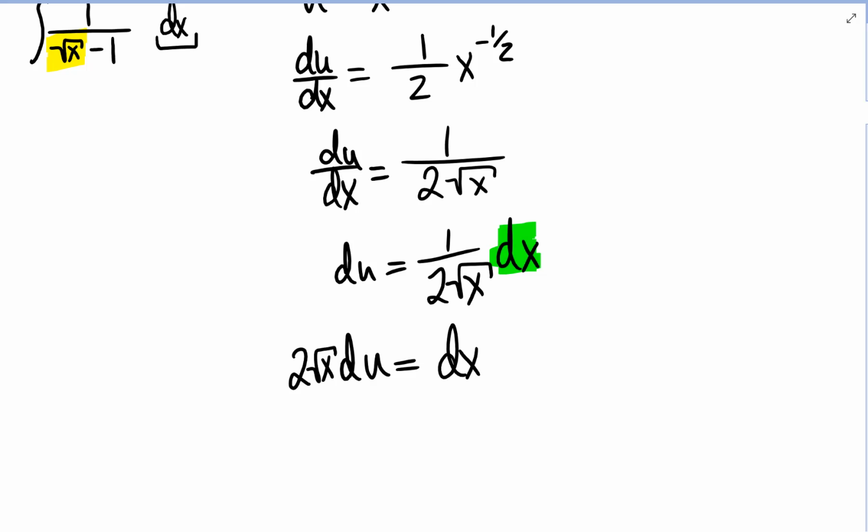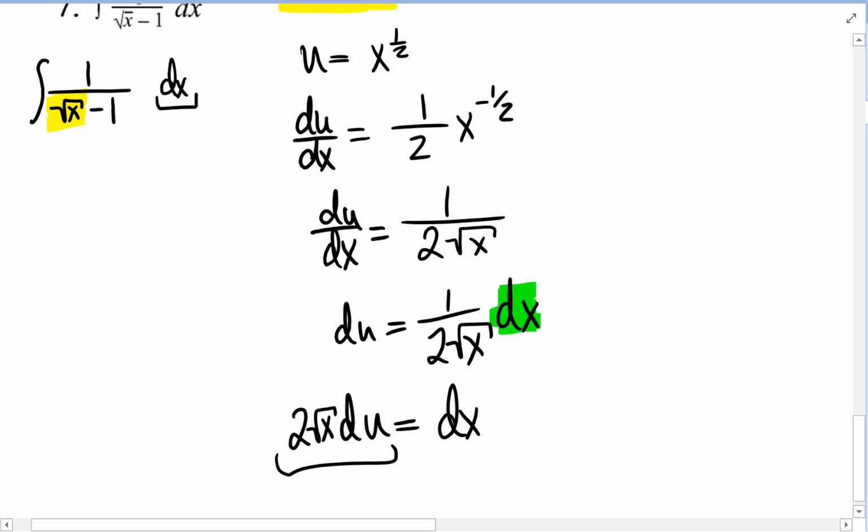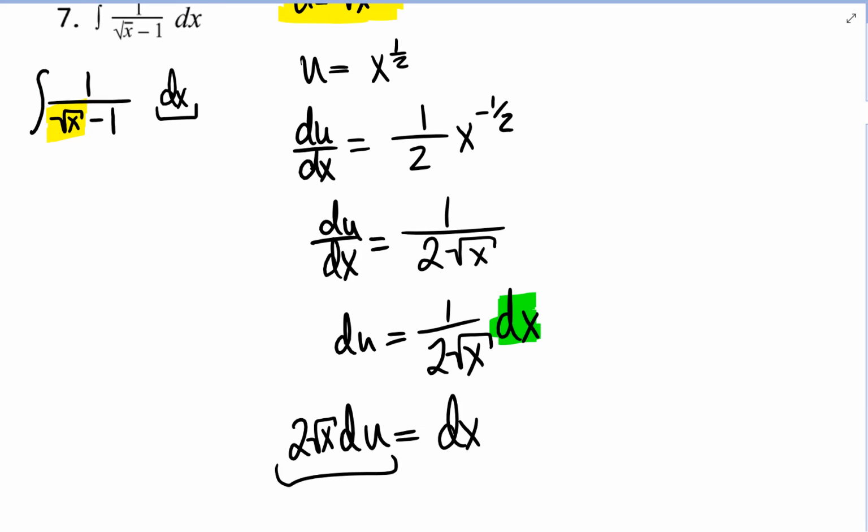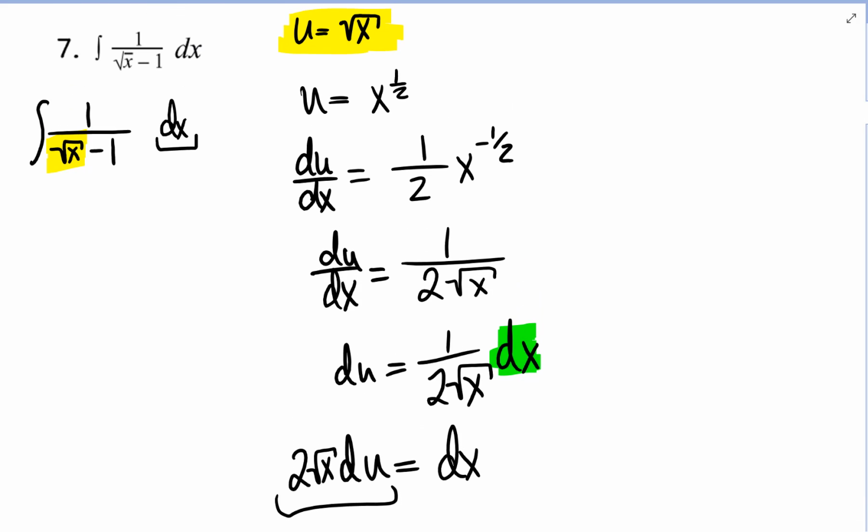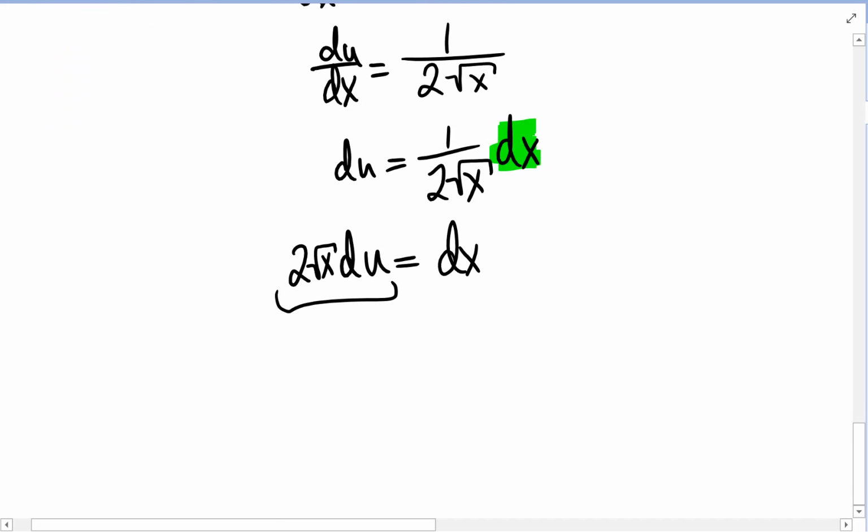Ooh, we do not want an x and a u in the same expression here, but we actually have a way of rewriting square root x in terms of u because u is square root x. So instead of dx equals 2 root x times du, it's actually going to be 2u du.